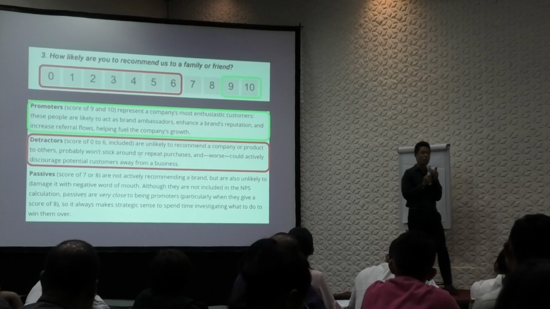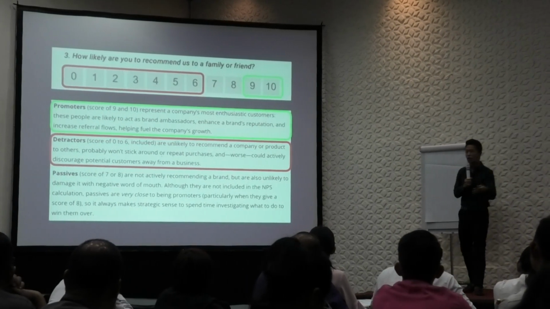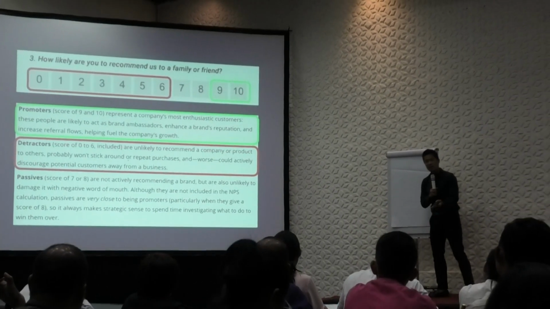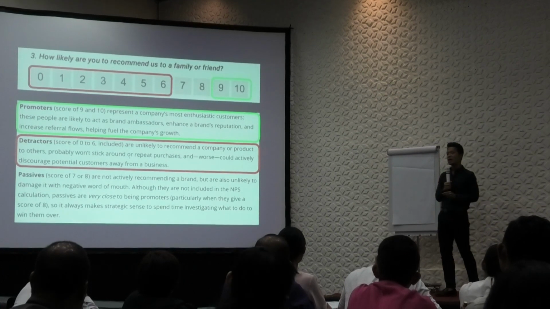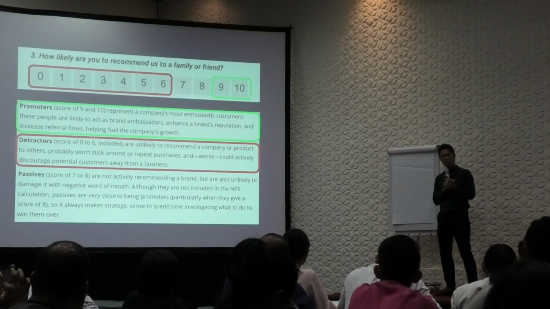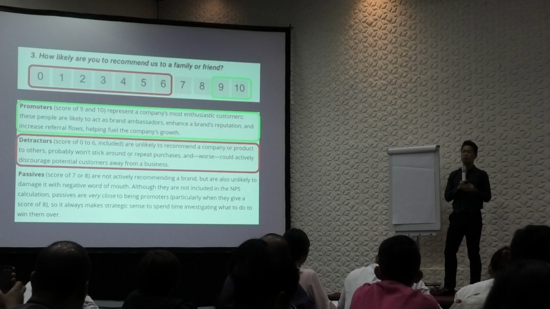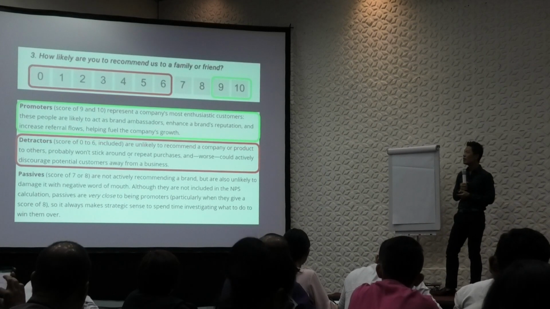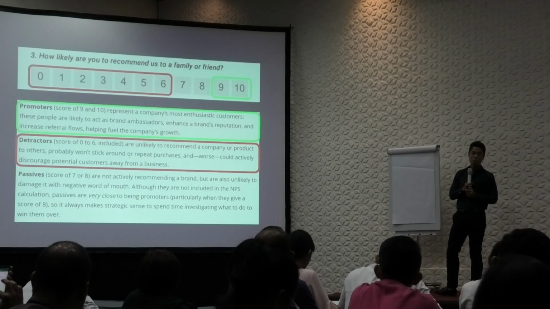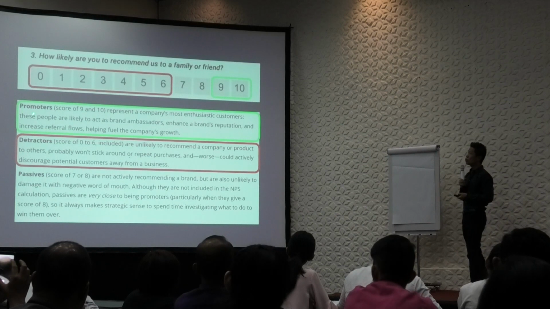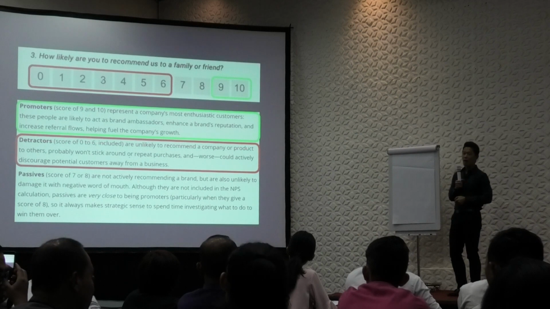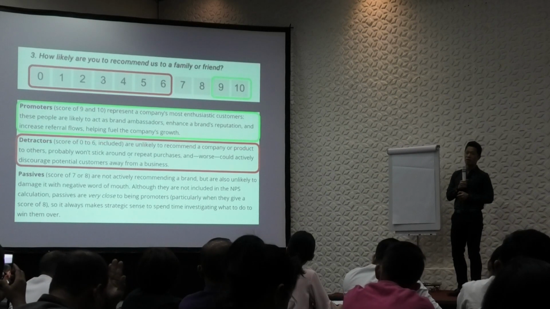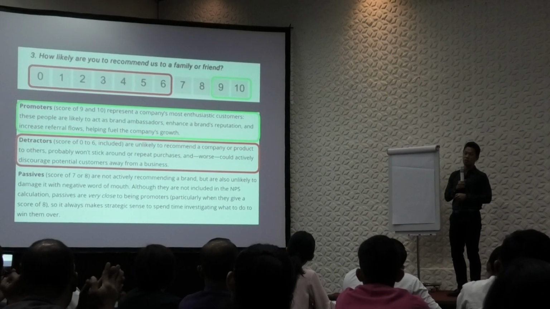So they will speak to their parents, their brothers and sisters and friends saying, don't go to Novotel Bogo. Don't stay in Ibis Styles Bogoraya because I had this terrible experience, blah, blah, blah. So they are a threat to our business and they are the ones who will give 0 to 6 for this particular NPS question. How likely are you going to recommend us?